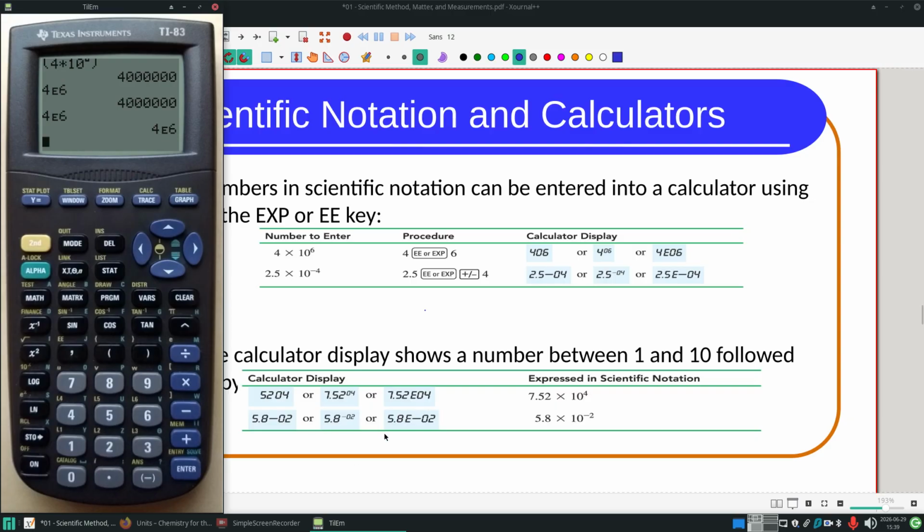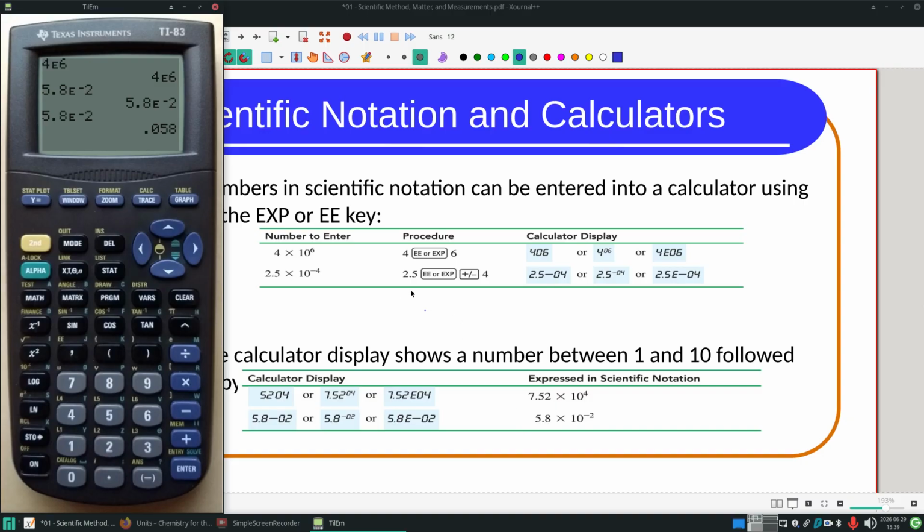So even down here, if I put one of these in, so I'm going to do this, 5.8 times 10 to the -8th, or -2nd. It's just going to pop that up and say that same thing, but if I go into my mode and change it back to normal, and just hit enter again, it's going to put the zeros in front of it. Move that 2 spots. So you can get the calculator to help out with that.